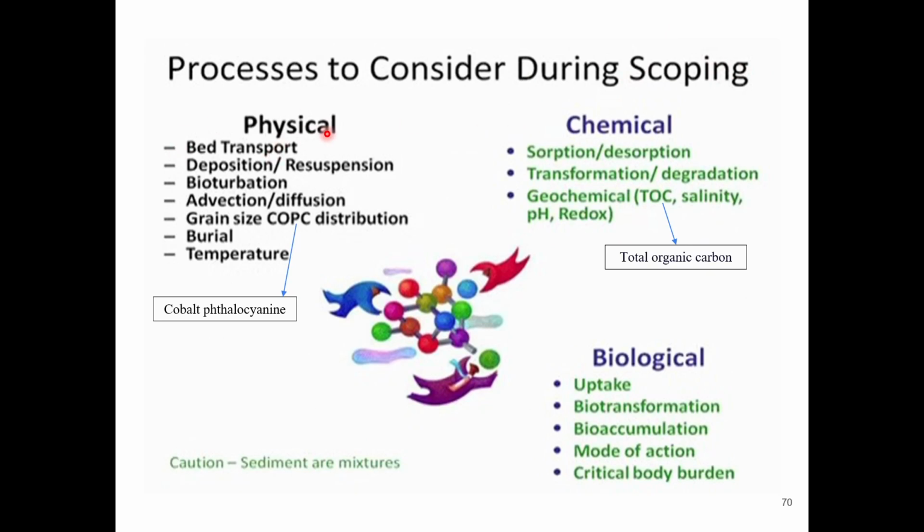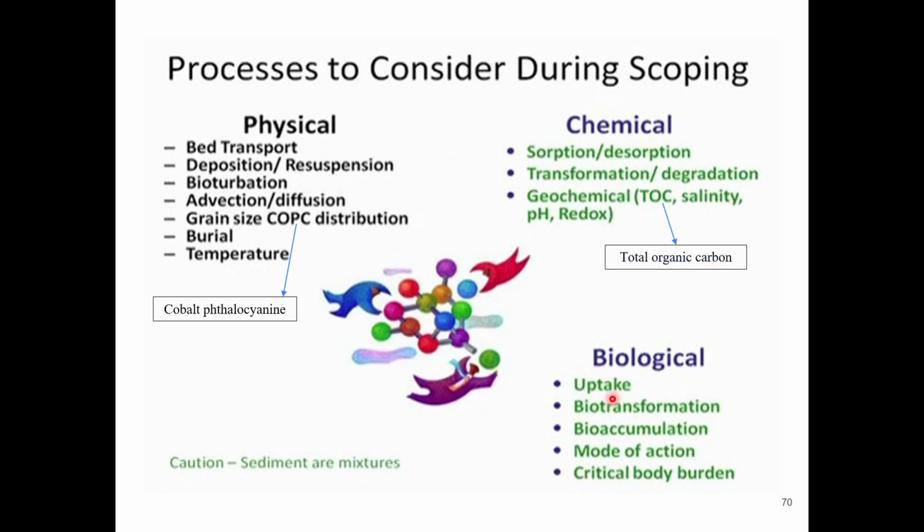There are various factors which have to be taken into account, ranging from chemical, physical, and biological. In case of physical, there are factors like bed transport, deposition, resuspension, bioturbation, that is movement of soil, advection, diffusion, grain size, COPC distribution, burial, temperature, etc. In chemical, there is sorption, that is absorption or adsorption, and desorption, transformation, degradation, geochemical factors like TOC, total organic carbon, salinity, pH, redox.